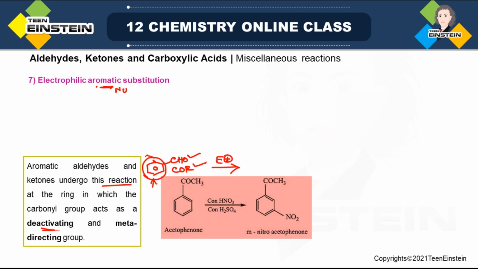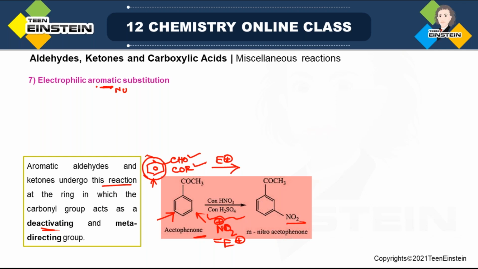As you can see in this case, the example that is given, we are using acetophenone, which is aromatic ketone, and a mixture of concentrated HNO3 and H2SO4, which is basically the nitrating mixture. It will generate the electrophile, which is NO2 plus. This is actually the electrophile, and it will replace any of these meta hydrogens, and that position will be taken by NO2. So the name is meta nitroacetophenone.